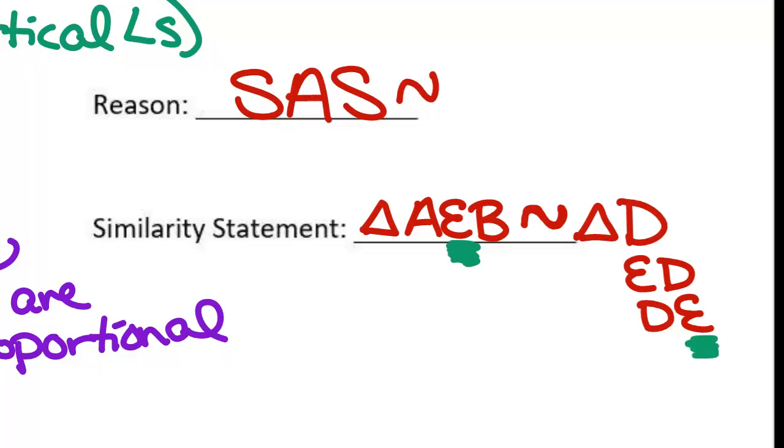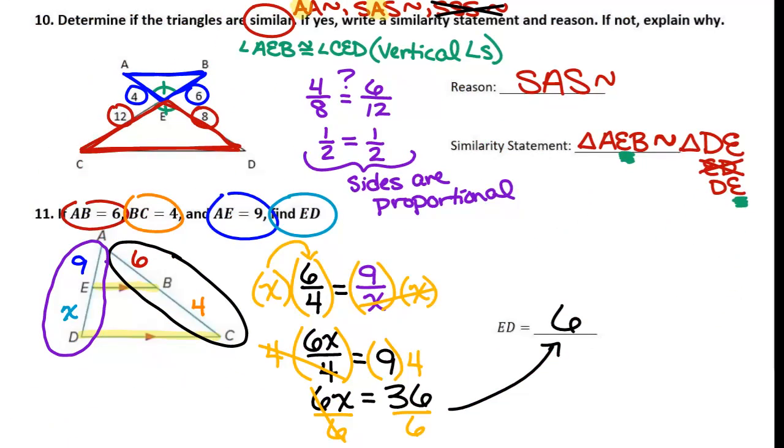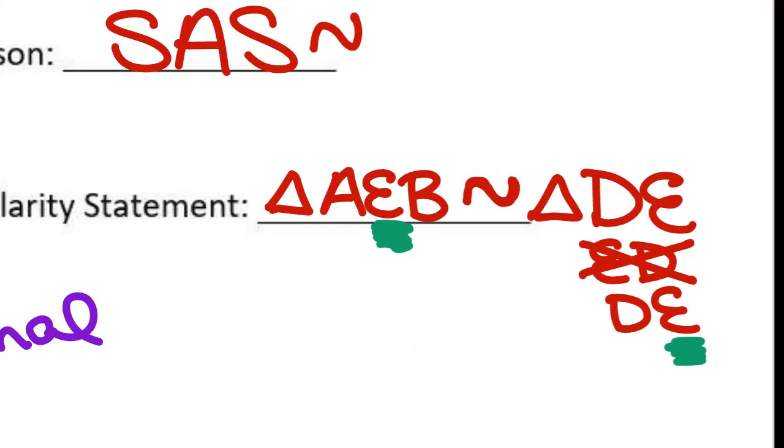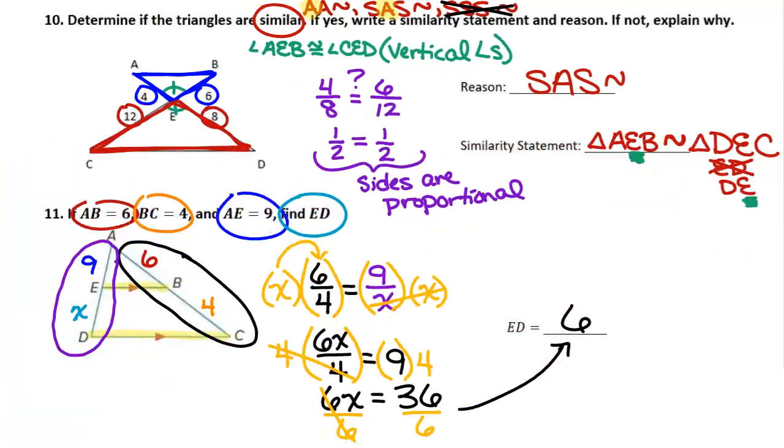So this has to be DE. And then what's the other letter then? A. DE, not A, that's not part of the same triangle. C. DEC. Because we have to have E in the middle. We have to make sure to match up the proportional pieces.